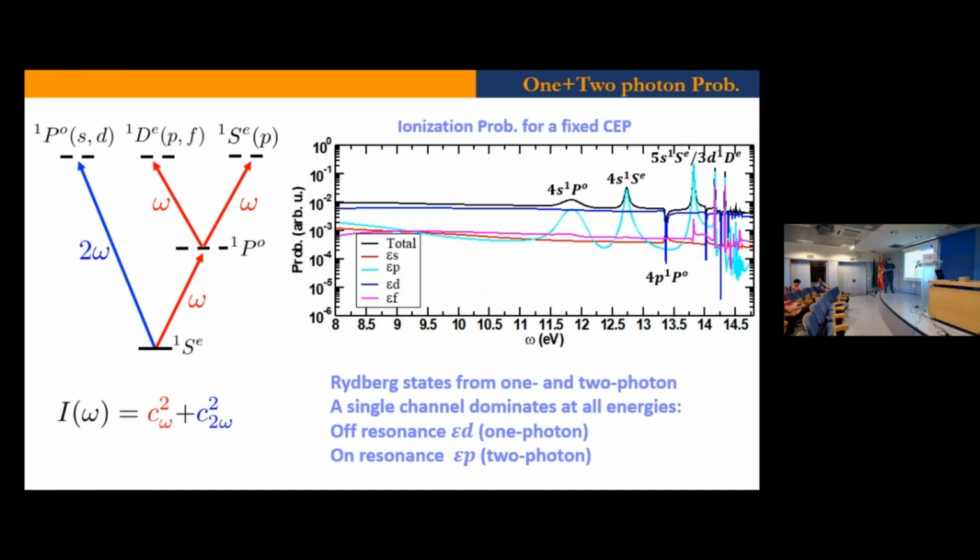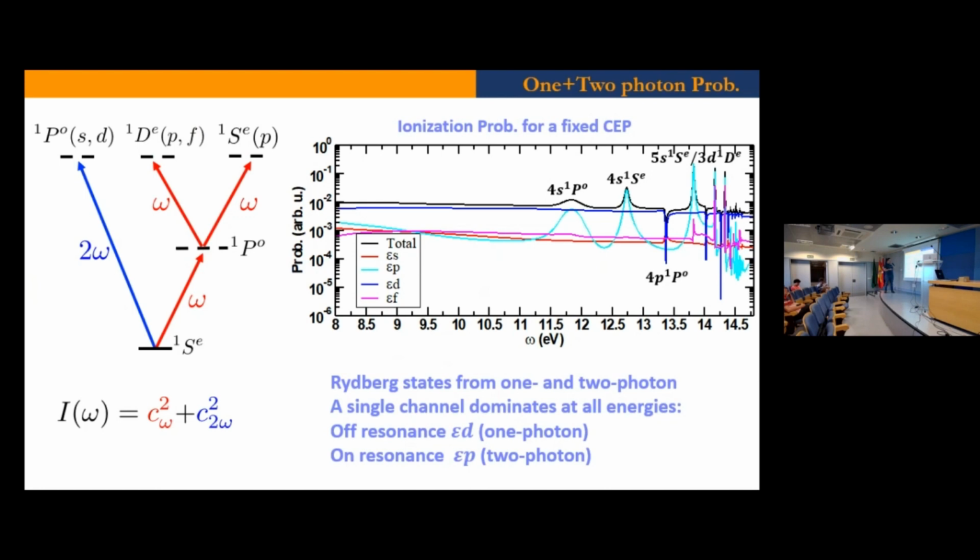So no interference here, it's just the incoherent superposition of the 2 quantum paths, the sum of squares. And this is the total ionization probability, no? So again, you have the plethora of peaks now because you have the 2 paths together. All of the Rydberg states that appear in each path are going to appear here. So you have the 4S bound state, and then you have the 4S single S, 5S, and the NP series, no?